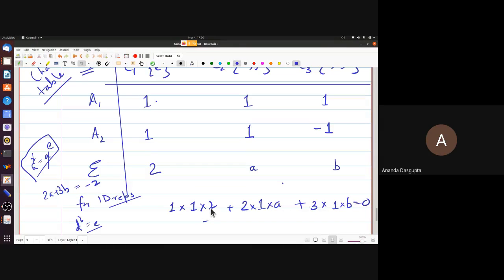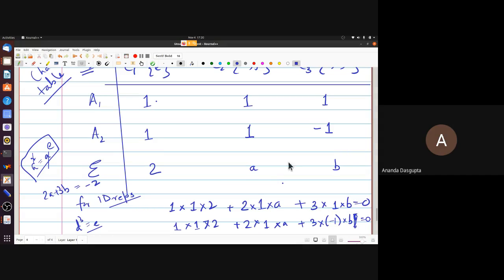So that's the orthogonality relation between this row and this row. If you use it between this row and this row, you get 1 times 2 plus 2 times 1 times A plus 3 times -1 times B equals 0.